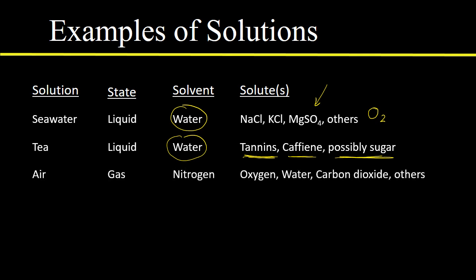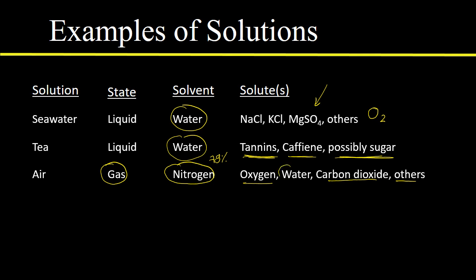All right. As I mentioned, some solutions can be gases. If you follow the strict chemical definition of a solution, it's just a homogeneous mixture of many components. And so air actually qualifies as a gas phase solution. The major component in air is nitrogen, because about 78% of air is nitrogen. And then the other components are oxygen, carbon dioxide, methane, a whole bunch of other things.